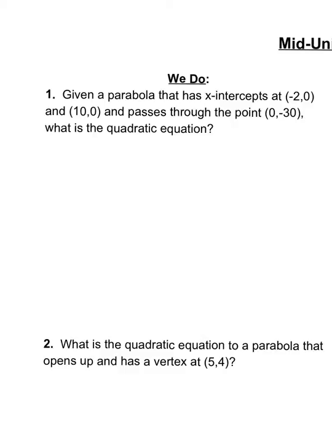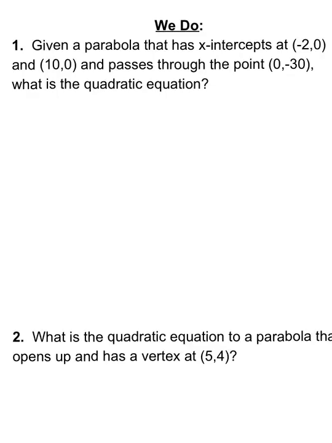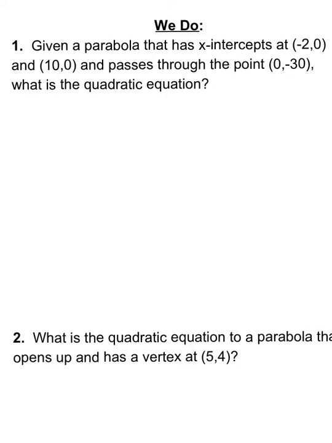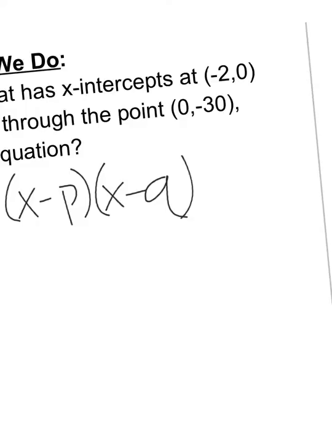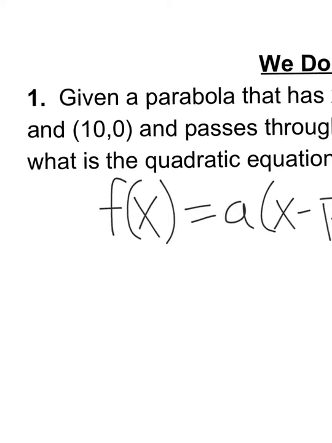So this is in intercept form, so it'd be helpful if you knew your intercept form formula. It's f of x equals a times (x minus p) times (x minus q). Remember, your p and q are your x-intercepts, so negative 2 is p, and 10 will be q.